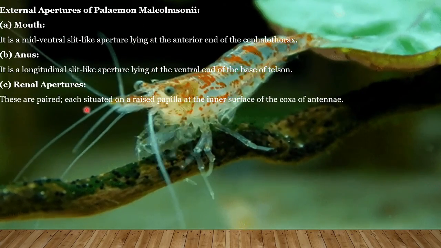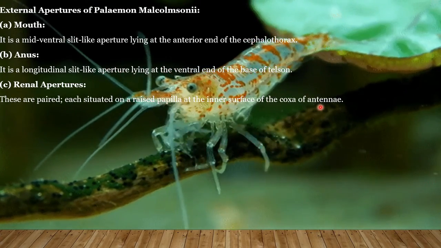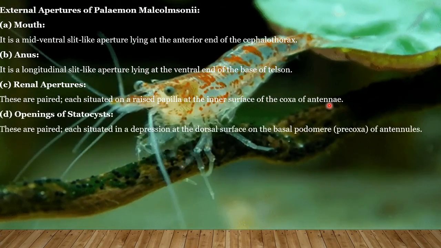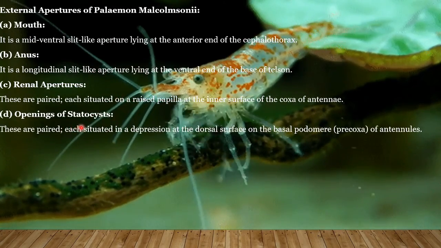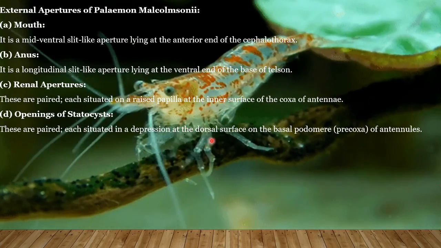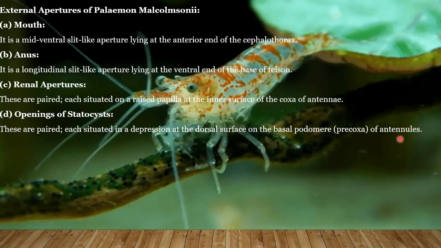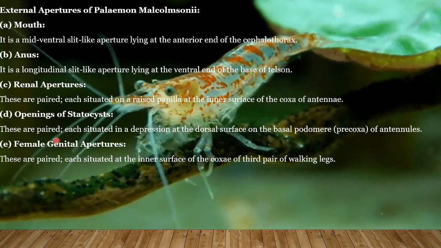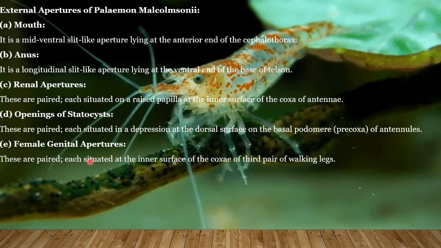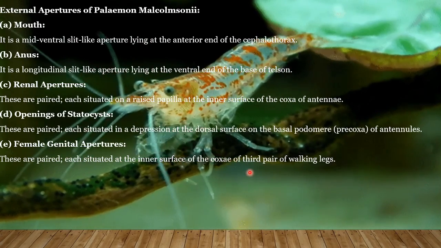Renal apertures are paired, each situated on a raised papilla at the inner surface of the coxa of antennae. Openings of the statocyst, as I earlier told you, are paired, each situated in a depression at the dorsal surface on the basal podomere of antennules. Female genital apertures are paired, each situated at the inner surface of the coxa of third pair of walking legs.